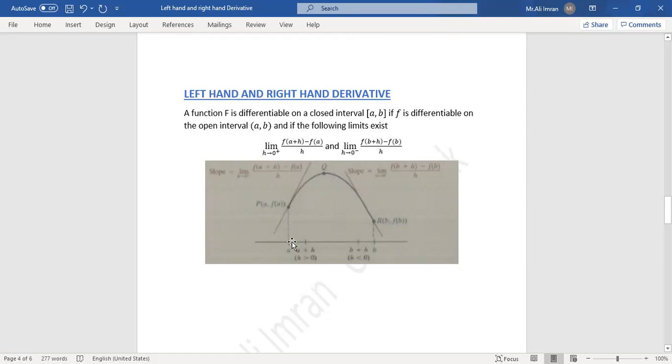It means that at a we will find the value of the right hand limit, and at b we will find the left hand value, as there is no path from the right hand side. We will approach the limit for values less than b. This is the value of the left hand limit. This is the definition of the left hand and right hand derivative.